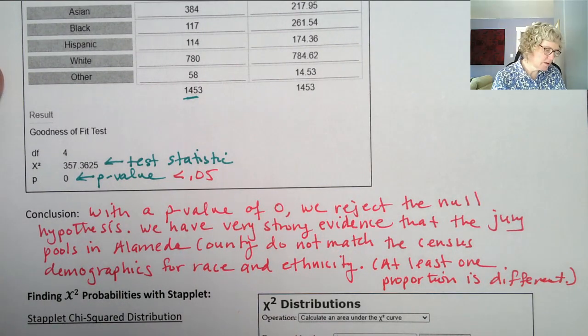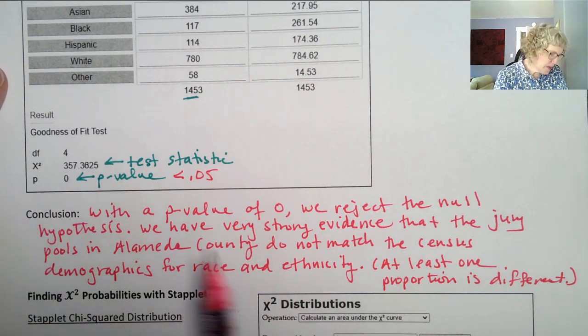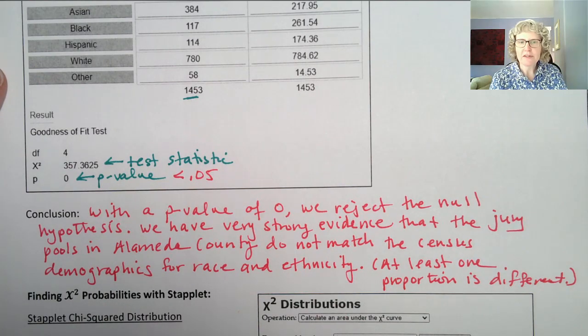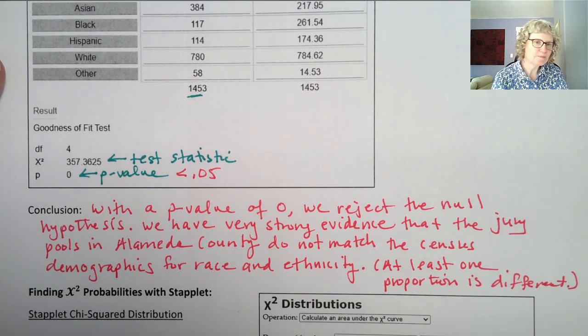So I wouldn't just want to say at least one proportion is different. We want to get the jury pools, Alameda County, and racial demographics not matching. Okay, great. So that is our conclusion, but we still don't fully know the middle part of this chi-square distribution, right?